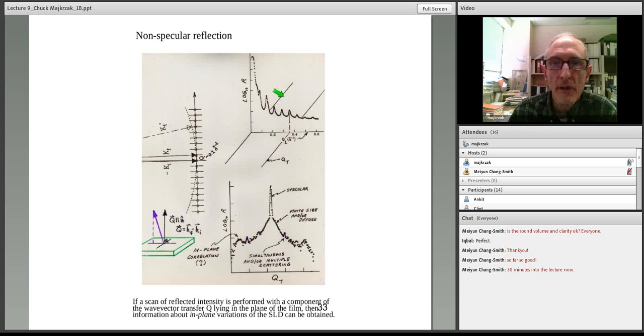And so if we come off the specular ridge in the perpendicular direction, we will begin to see structure along this in-plane, let's say X or Y direction, that gives us information about periodicity or other kinds of variation in the density in the surface.